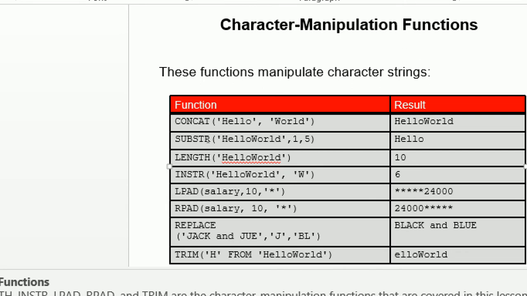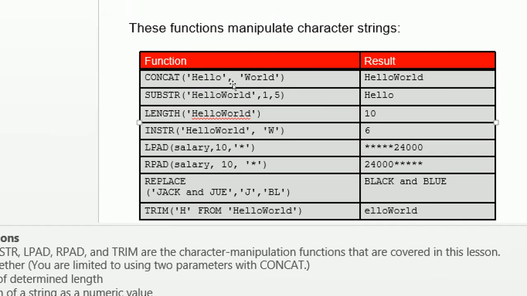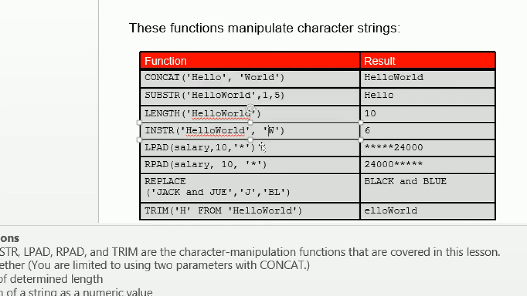Instring. Instring is a function which finds the numeric position of any specific character provided by you. If you ask in this string helloworld at which position the character W is, it is at position number 6: 1, 2, 3, 4, 5, 6.